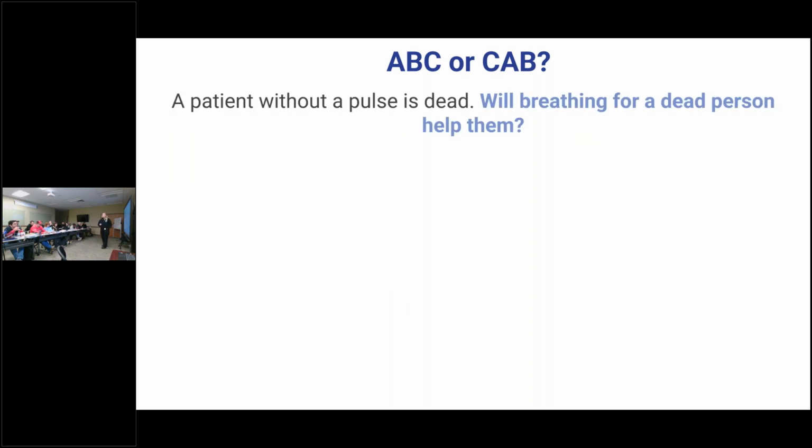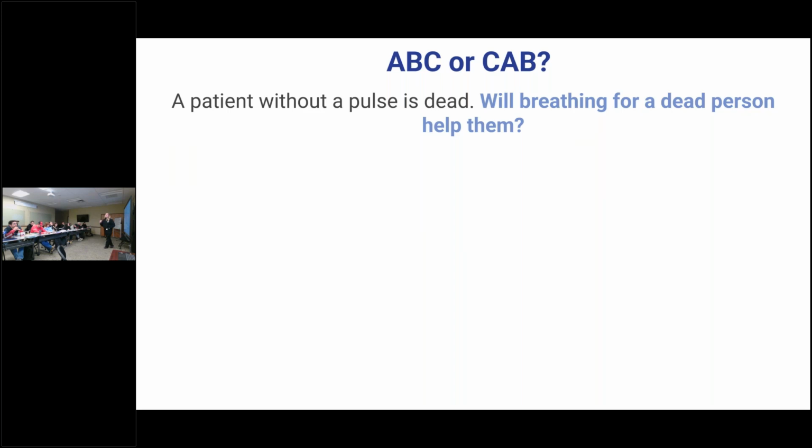So Chaz touched on this just a minute ago, but ABCs or CABs, how do we figure out the order in which we're going to assess these things? Okay, cool, yeah. Life threats, what we can see, what we observe, right? So a patient without a pulse is dead, right?